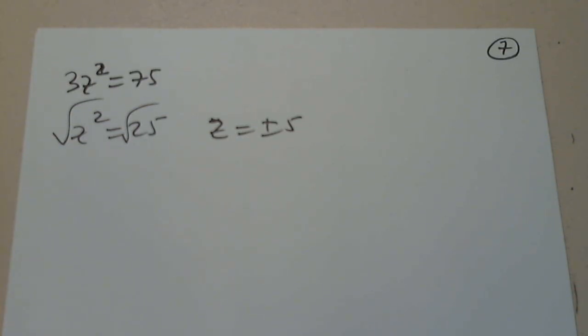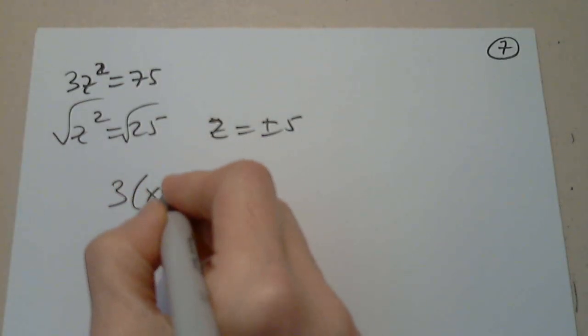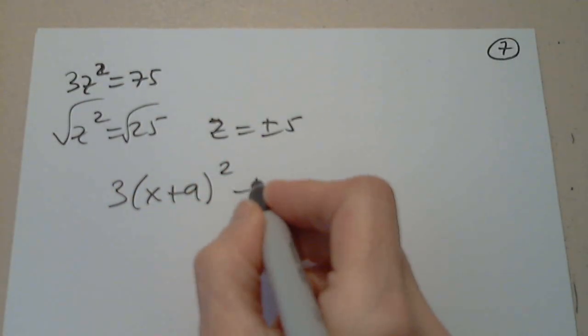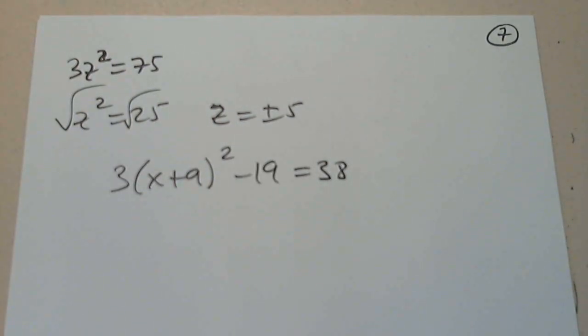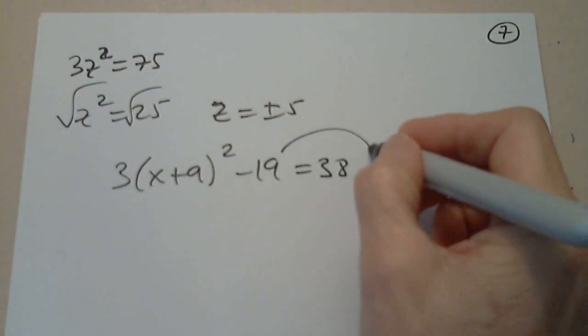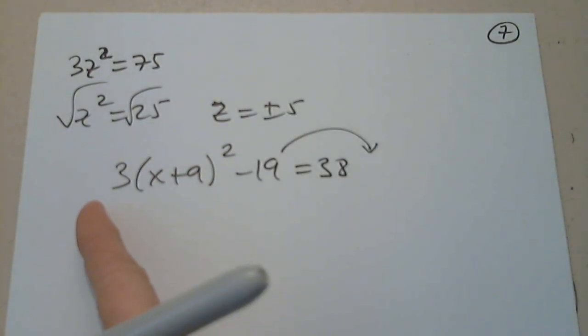So here I have negative 5, comma 5. This is the one where I forgot to carry the square root with me. So then we have 3 times (x plus 9) squared minus 19 equals 38. This is typical for taking square roots, but it needs prep. It needs 19 to the other side and then divide by 3.